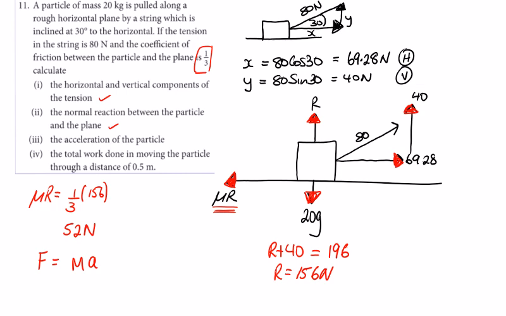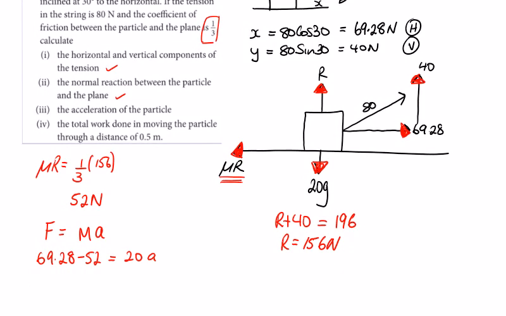That's all that's going on. So 69.28 minus 52 is equal to 20A. So that's going to give me 17.28 over 20 for A, which is equal to 0.864 meters per second squared for acceleration.